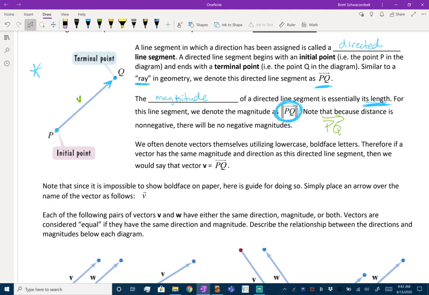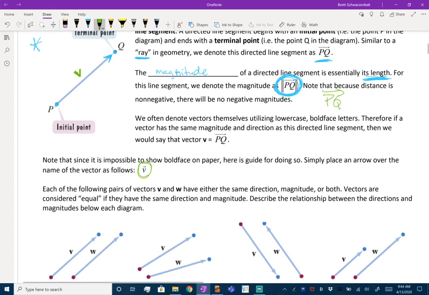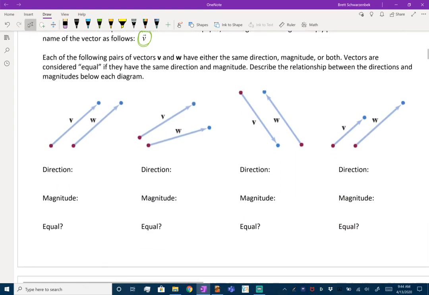I can sit here and color this in to make it bold, but normally you're not going to take the time to do that. So another way to distinguish something on a regular piece of paper as a vector is to put the little letter with a tiny line above it. This is just semantics, little details that you want to take note of, but in reality, we usually use one letter, or we use the endpoints in order to determine what a ray is actually going to be.